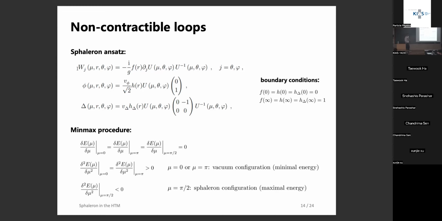We haven't used the equation of motion. We just simply substitute these expressions back into the definition of the energy functional. Then you perform the variation with respect to mu, and you can prove it's always positive or negative.